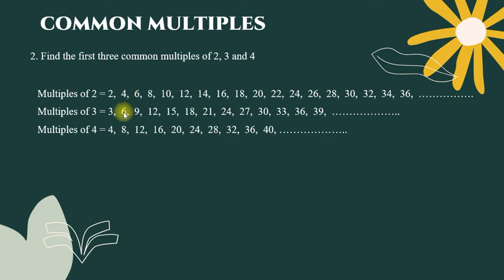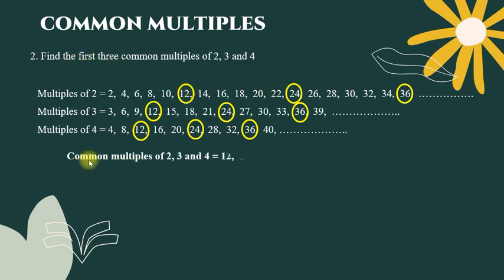Is it 6? No. Is it 8? No. Is it 10? No. Is it 12? Yes, 12 is the first common multiple. Then we have 24. Then we have 36. The question asks you to find the first 3, and we get 3 already. So we write down: common multiples of 2, 3 and 4 equal 12, 24, 36.